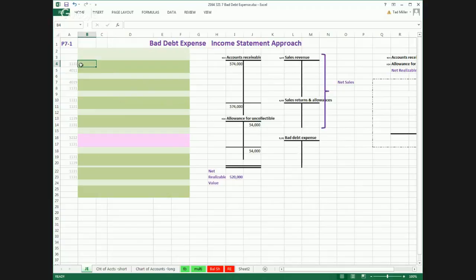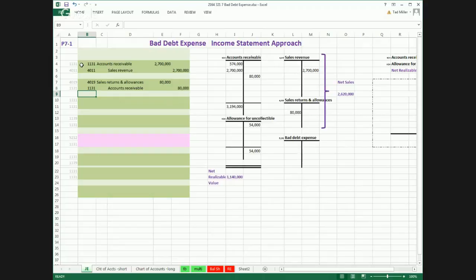And they tell us we had credit sales of $2,700,000. And we had sales returns of $80,000. So we've got net sales of $2,620,000.